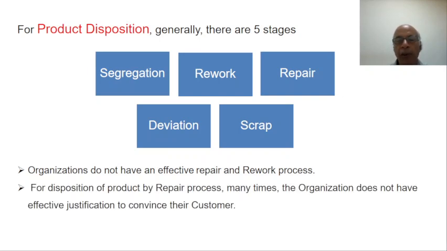For disposition of the product by repair process, many times companies or organizations are not able to justify or convince their customer about what repair process is being followed by the organization, by the suppliers.